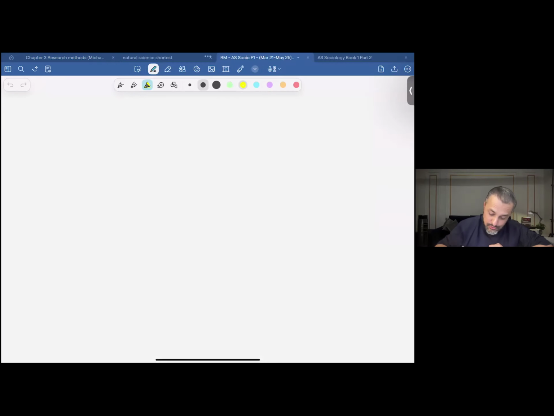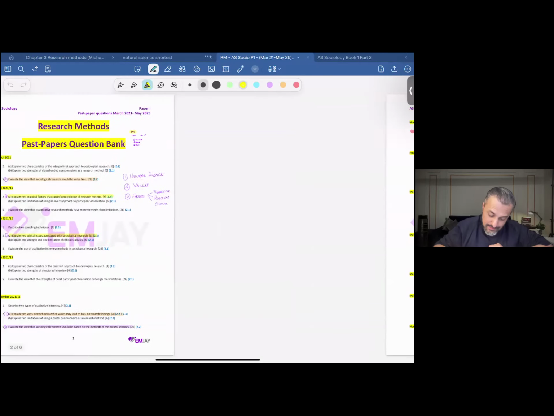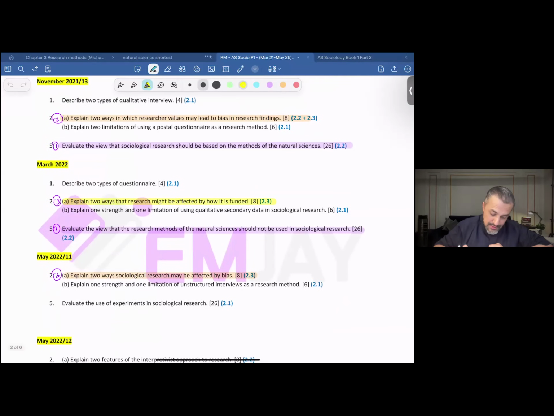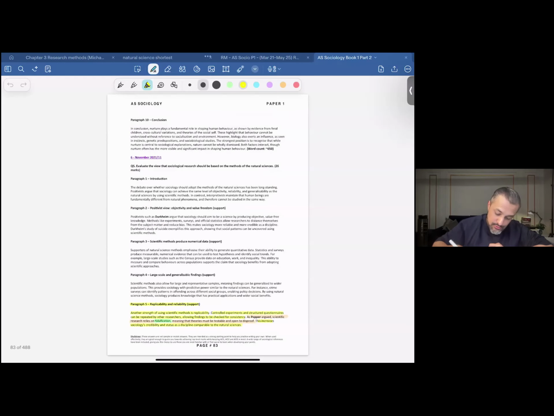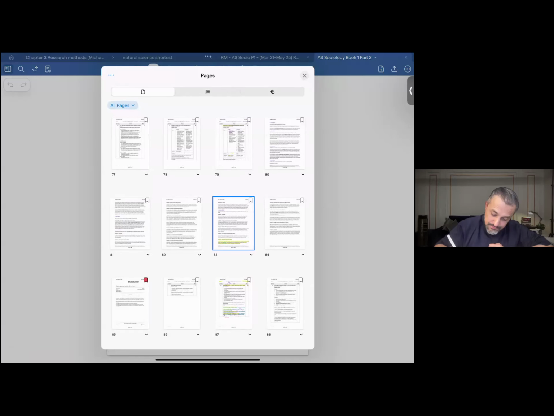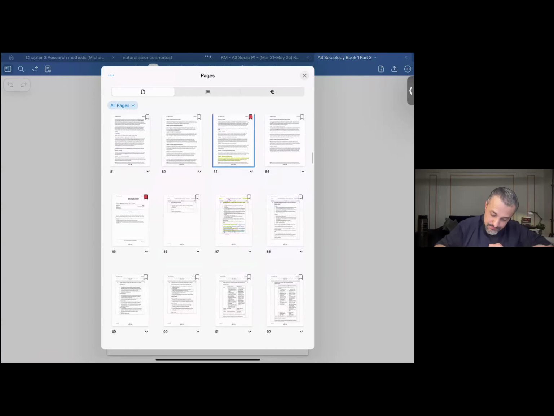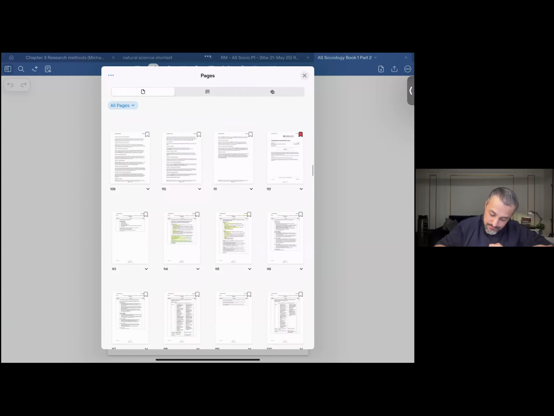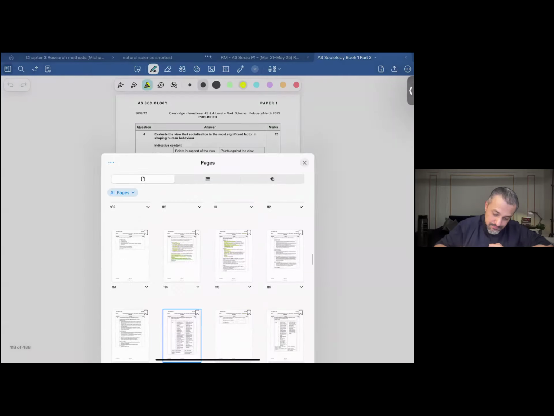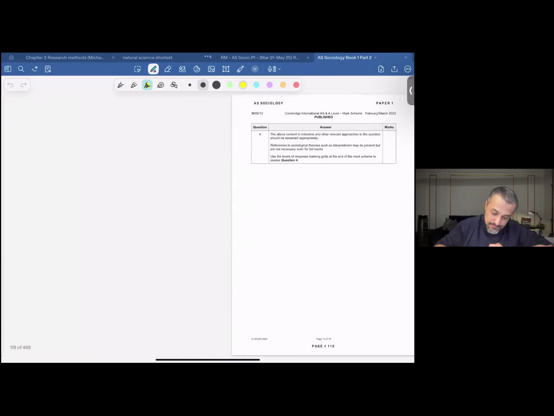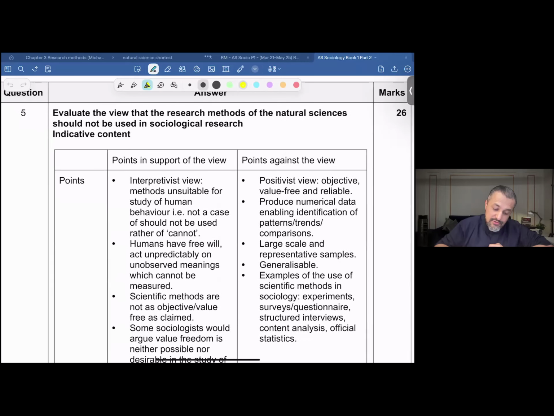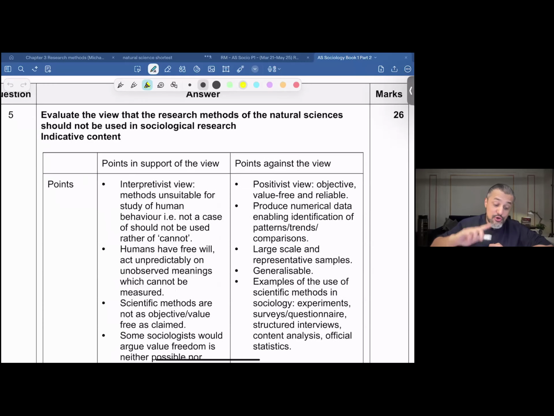I would like to show you another answer on this from Evaluate with Sociology. This is March 2022. Here: evaluate the view that the research methods of the natural sciences should not be used.